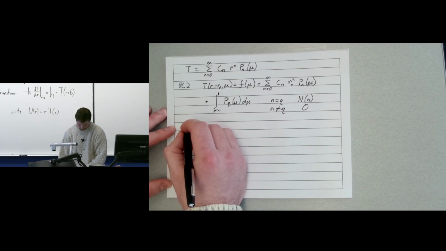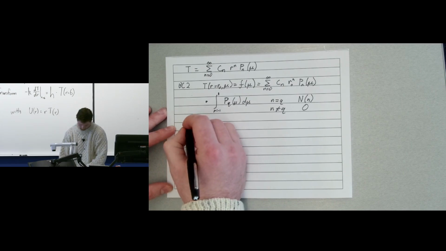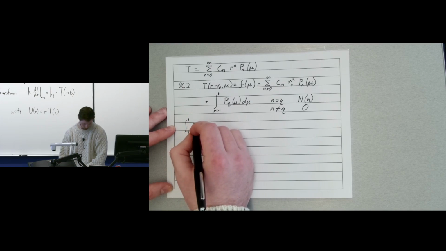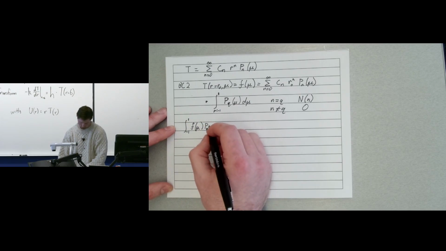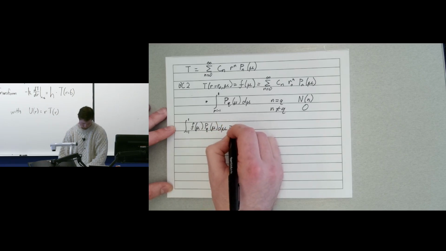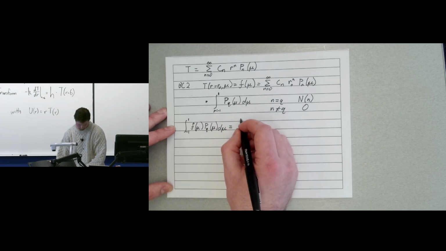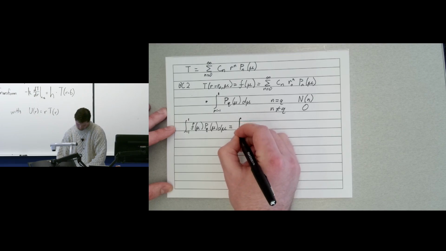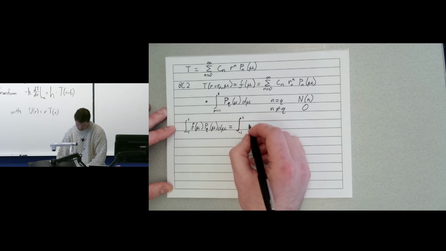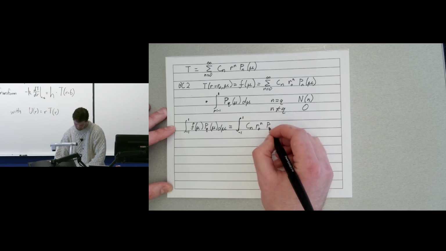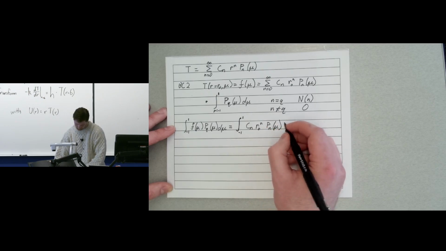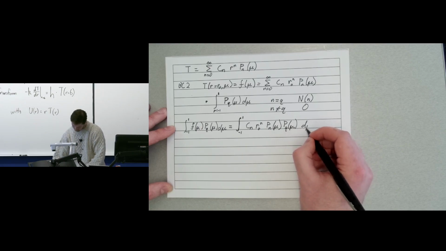So then we will have the integral from -1 to 1 of our function in the mu direction, P of order q evaluated at mu, d mu, is now going to equal the integral from -1 to 1 of C_n r naught raised to the nth power, P_n of mu and P_q of mu, d mu.